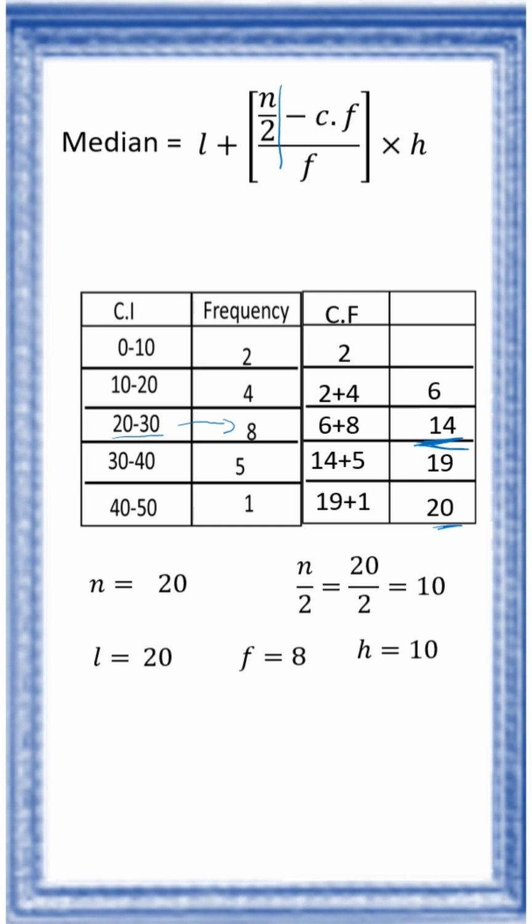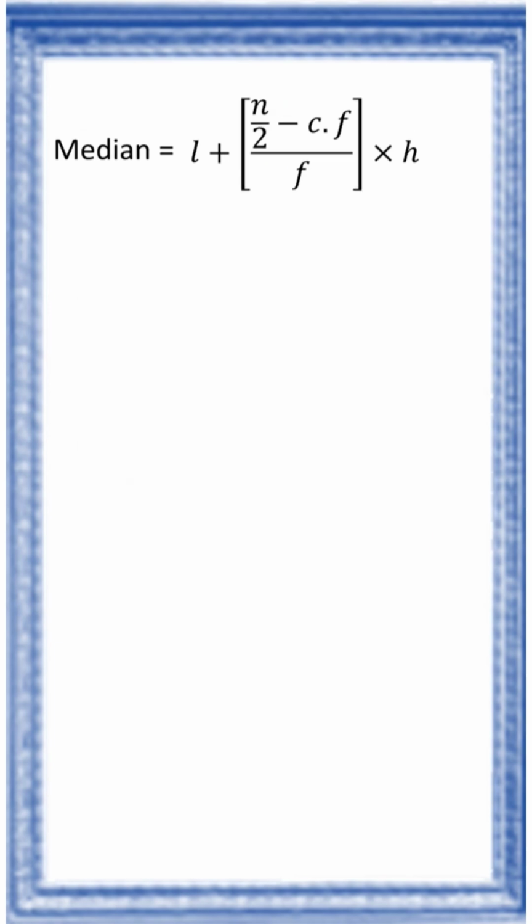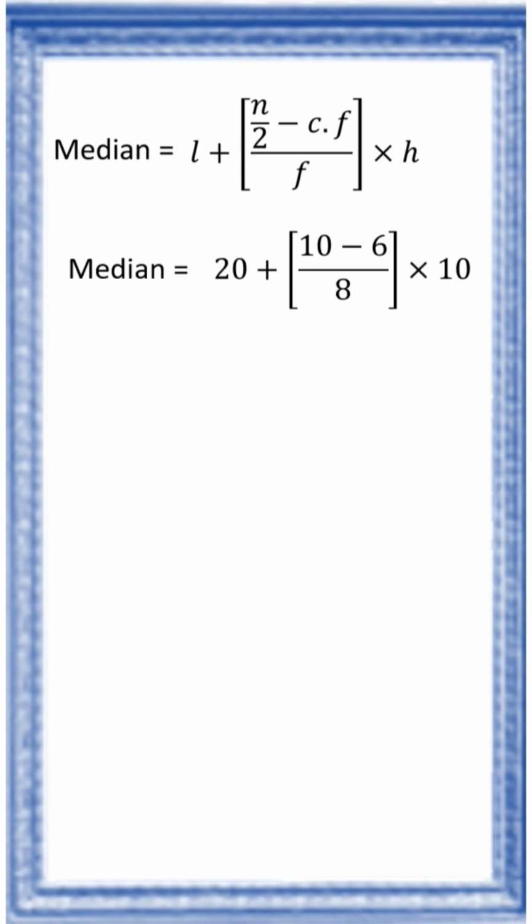Now cumulative frequency, that is 6. Before that, let us calculate class size. 30 minus 20, that is 10. Cumulative frequency is 6. Now let us substitute the values. L is 20, n by 2 is 10, cumulative frequency is 6, f is 8, class size is 10.